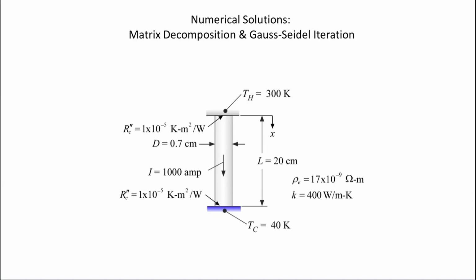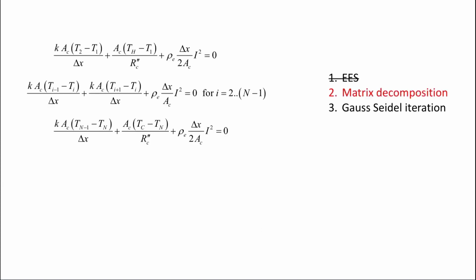We'll do it in MATLAB just because it's easy, but you can do it anywhere. It's called Gauss-Seidel iteration, sometimes also called successive substitution. These are two techniques we'll go through. Let's see, we remember where we left off then. The first thing we're going to talk about is matrix decomposition.